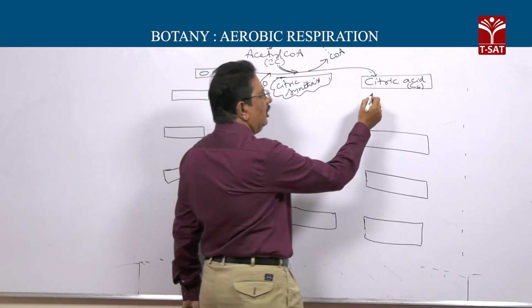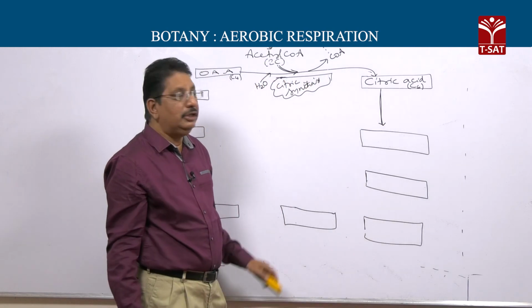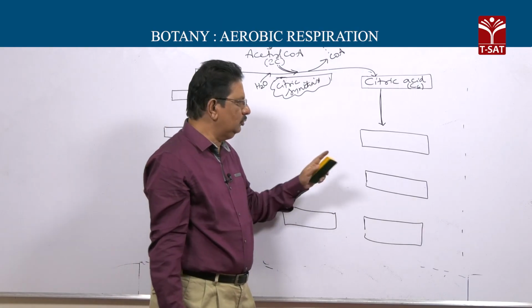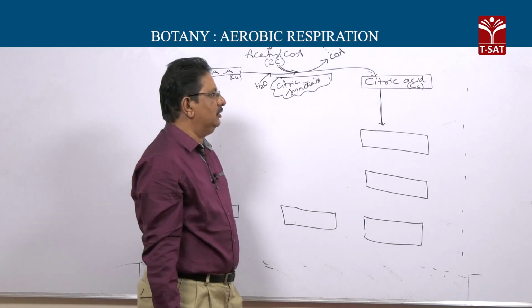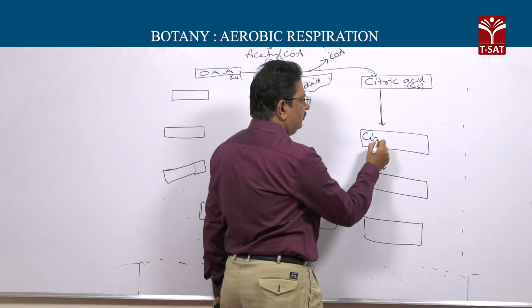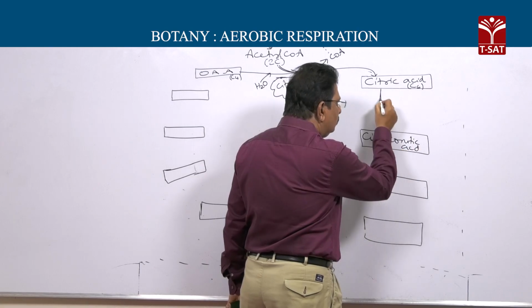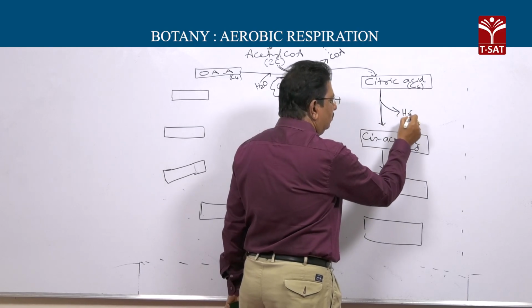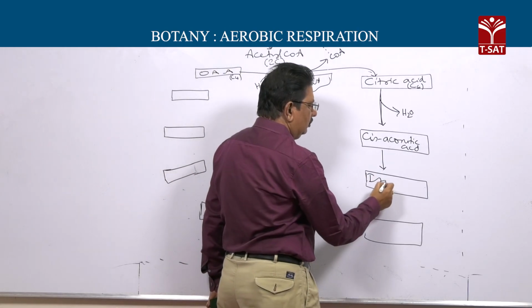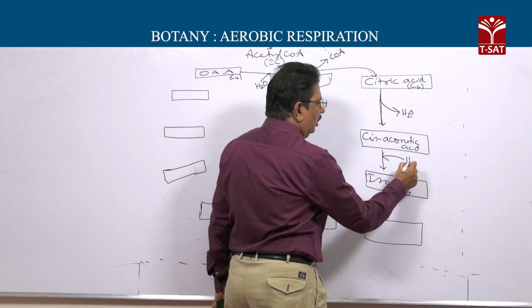So citric acid now undergoes some characteristic changes, which are considered to be isomerization in a couple of reactions. That means with two simultaneous reactions, citric acid is first converted into cis-aconitic acid by losing a water molecule, and immediately it converts into isocitric acid with the addition of water.